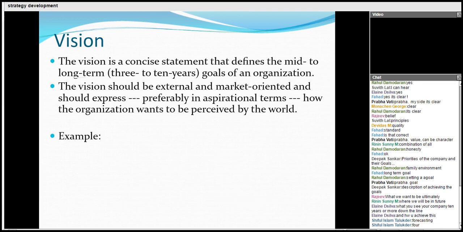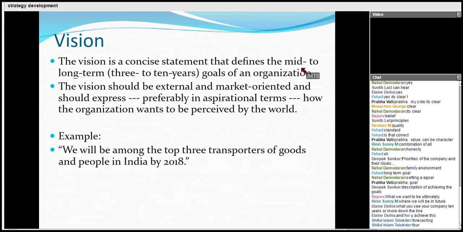Let's look at an example of a vision. We will be among the top 3 transporters of goods and people in India by 2018. I just wrote this one. Maybe for a transport company, this can be a very clear vision. It is very specific.